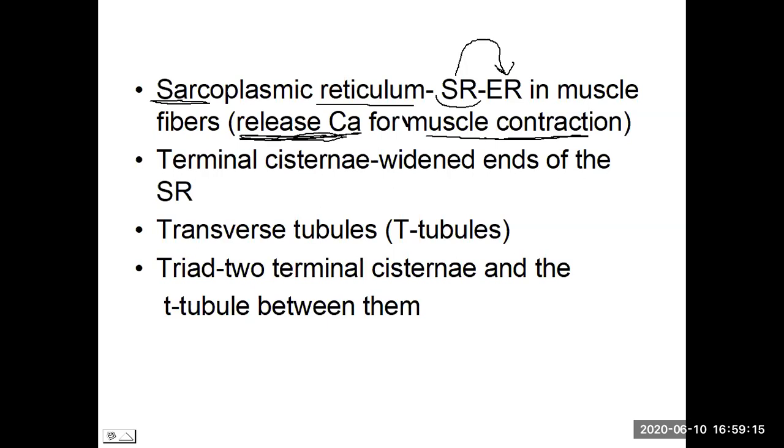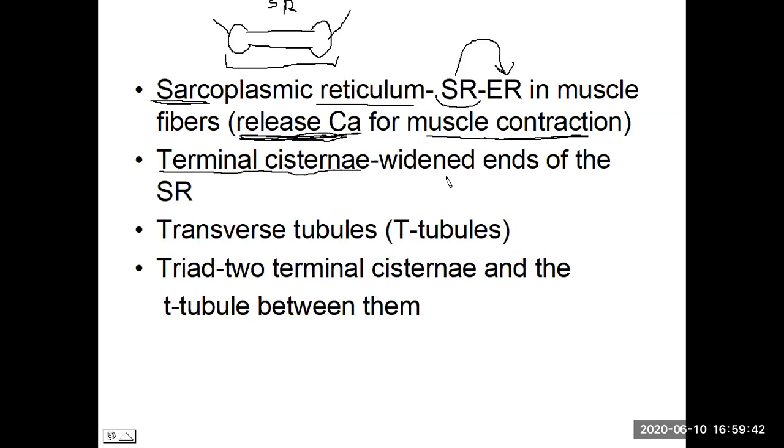Bordering on the edges of a single SR are the terminal cisterna. And we'll go back, of course, to the textbook figure. But right here is a sketch of a sarcoplasmic reticulum. And the expanded edges on each side are known as the terminal cisternae. Just these expanded edges of the SR.